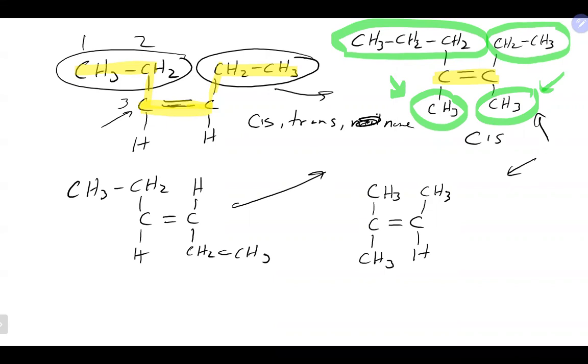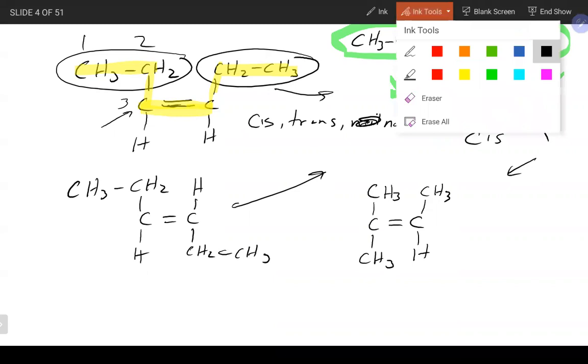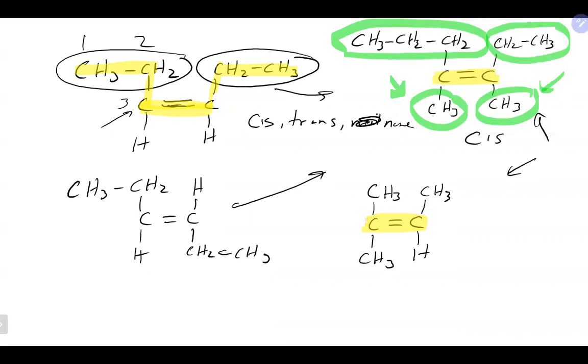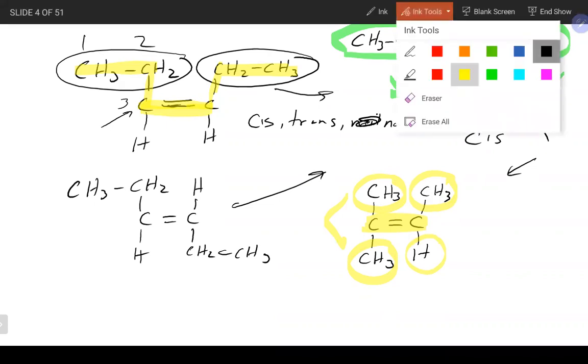Coming to the guy on the bottom, we do the same thing. We want to focus in on the carbon-carbon double bond. And we have a group here and a group here, which are the same. Is that good or bad? That is actually bad. That means that these two guys are the same, which means you cannot have cis or trans in this case.